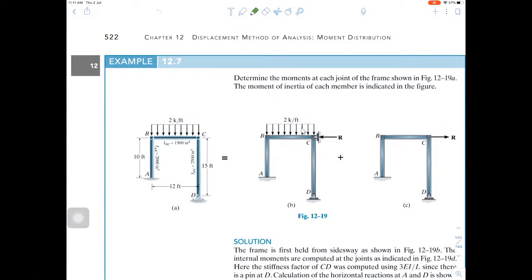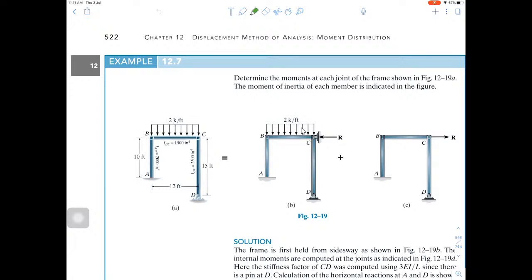Determine the moment at each joint of the frame. The moment at each joint means member end moment. The moment that we calculate using moment distribution method is actually the internal moment that occurs at each joint.